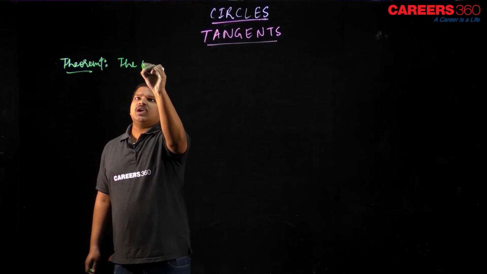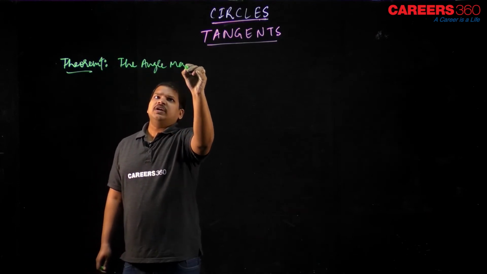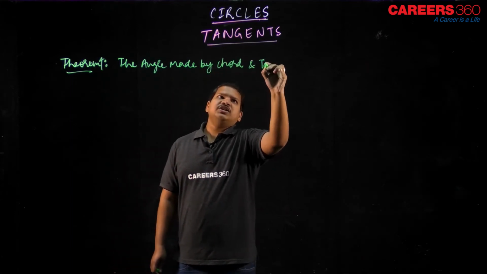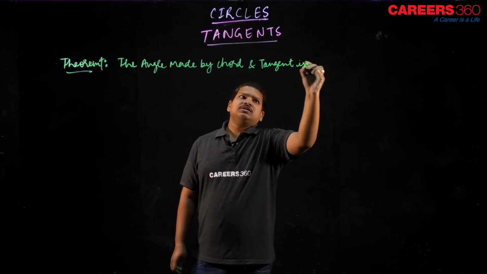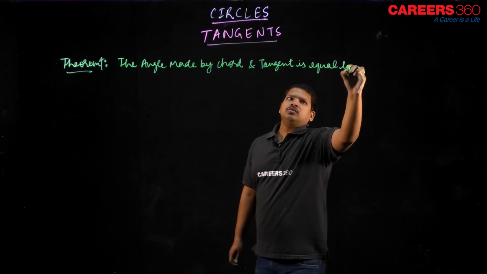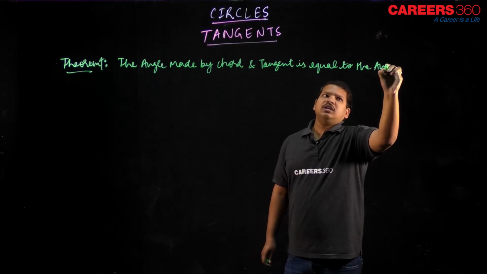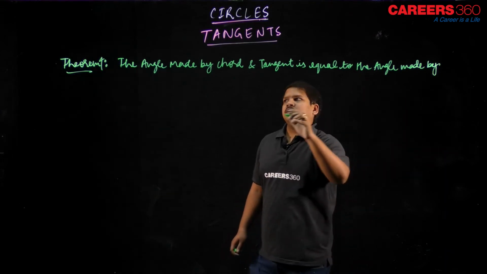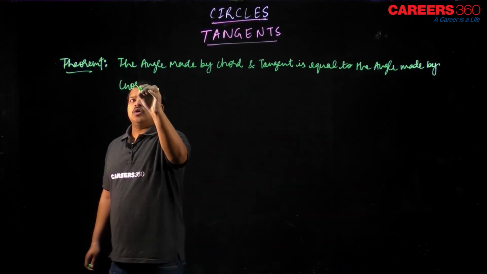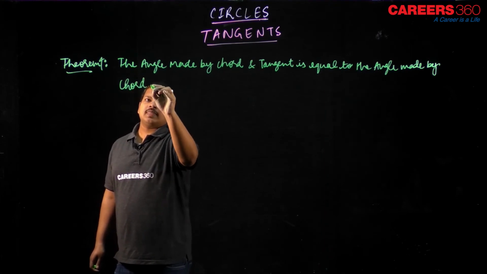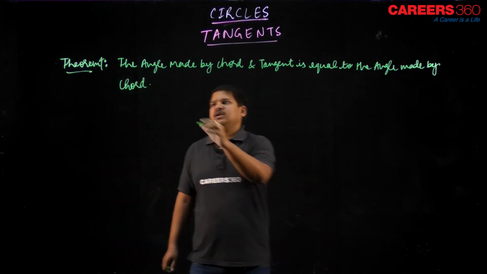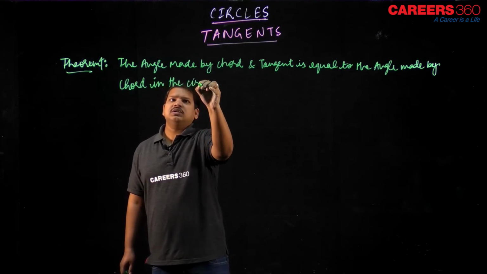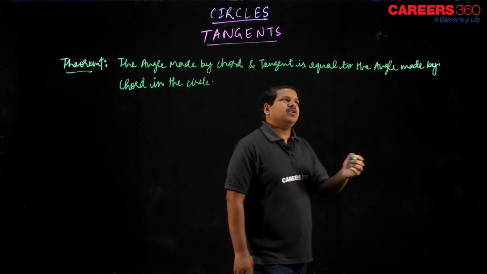The angle made by chord and tangent is equal to the angle subtended by the chord in the circle, in the alternate segment.